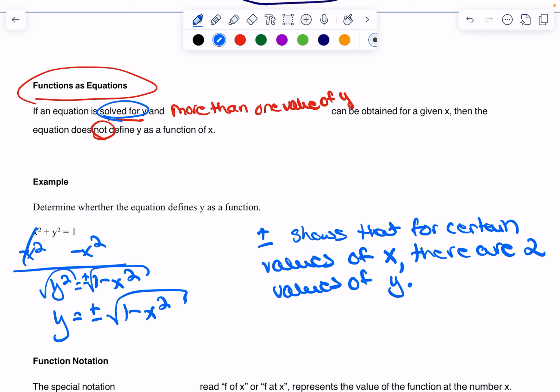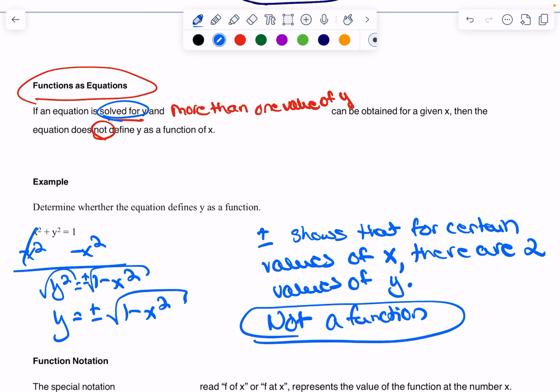So even though we would have one value of x, with the positive and negative, we're going to have two different values for y. So this does not define y as a function, not a function. It's still a relation, but it's just not a function.